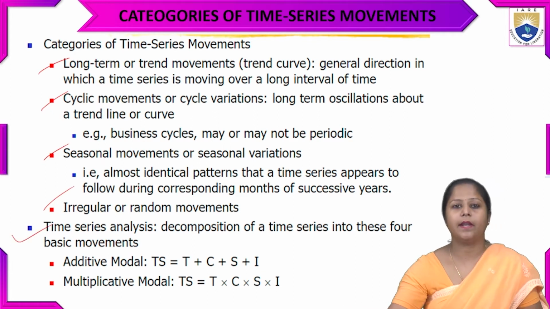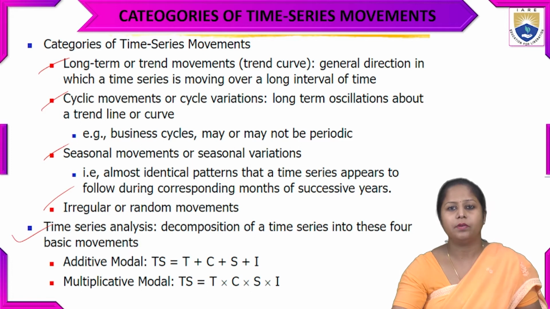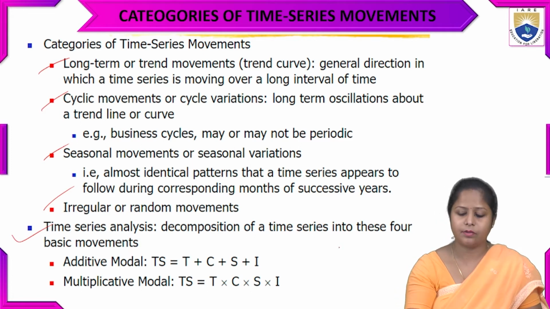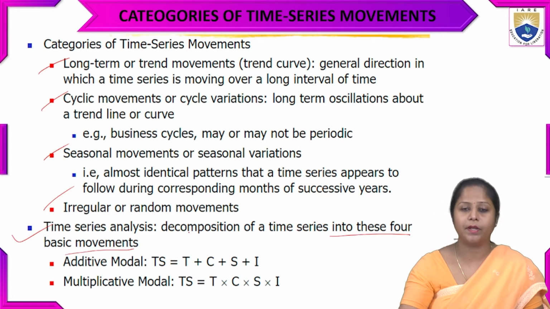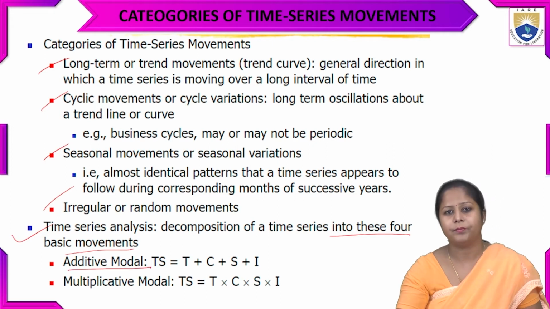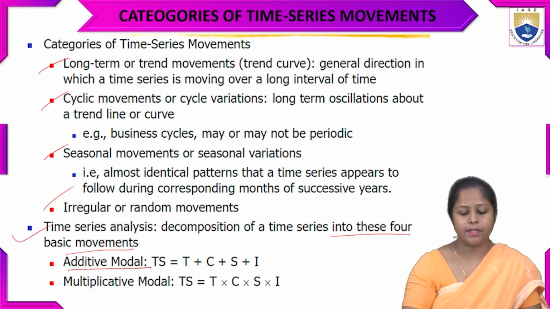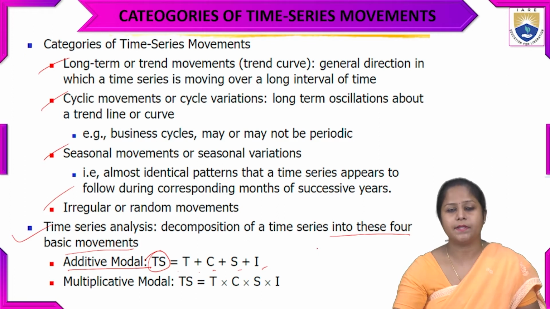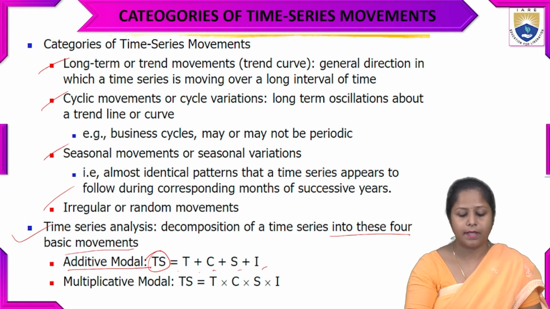How are we going to analyze the time series? Decomposition of a time series into these four basic movements. What are they? First is the additive model. In that, the time series TS will be T plus C plus S plus I, where T is the trend movement, C is cyclic, S is seasonal, and I is irregular.